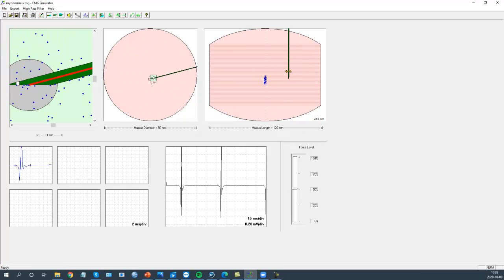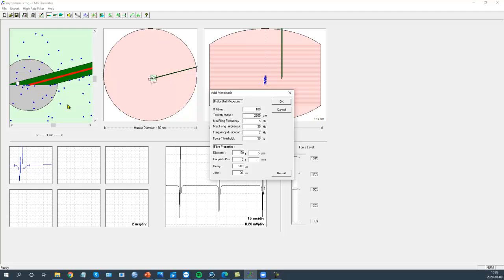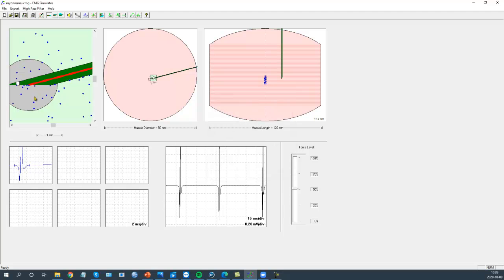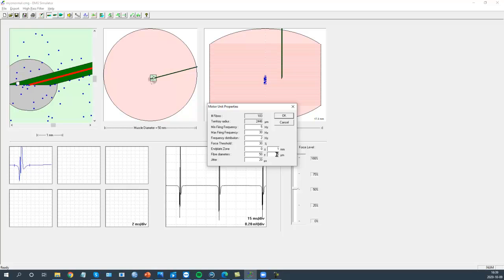Here we have the motor unit potential again, and now we are going to change the fiber diameters from 50 plus minus 5 to 45 plus minus 15. That means some large muscle fibers, some thin muscle fibers.